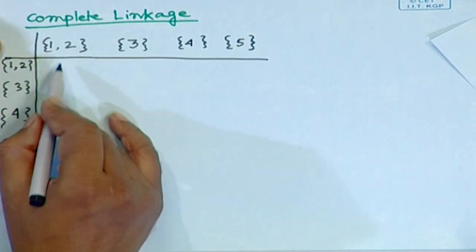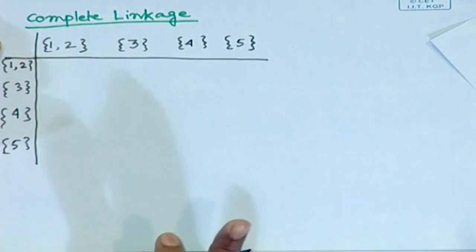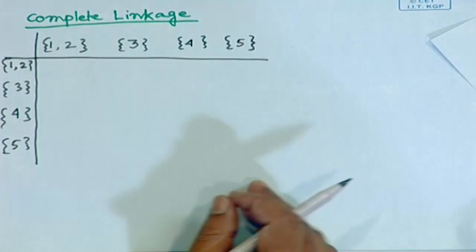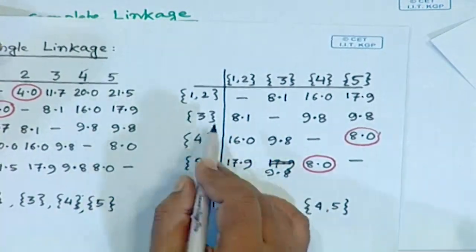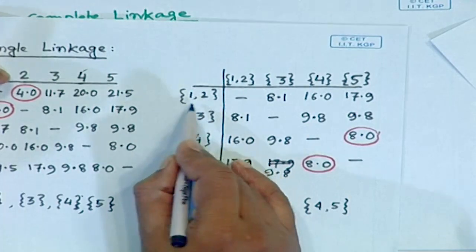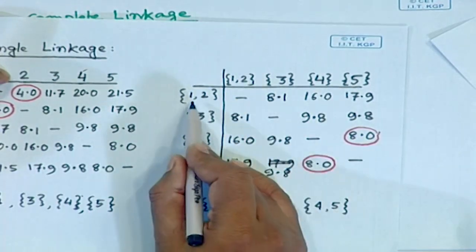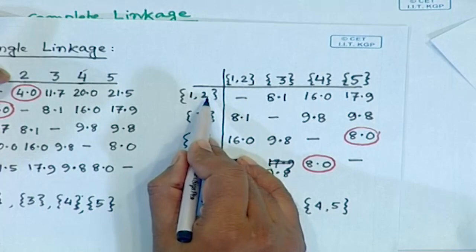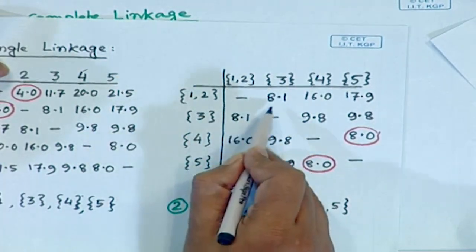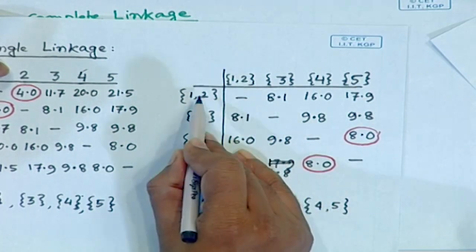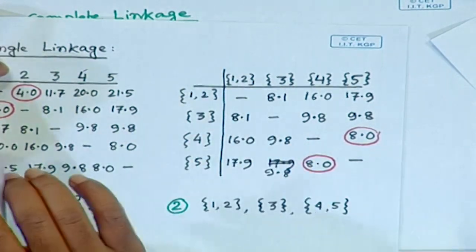Now, the entries in this matrix are likely to be different from what I got in the earlier case. Here, to find the distance between 1, 2 and 3, I have computed the distance between 1 and 3 and the distance between 2 and 3. Out of these two distances, earlier I put the minimum value. Now, out of these two distances, I have to put the maximum value.